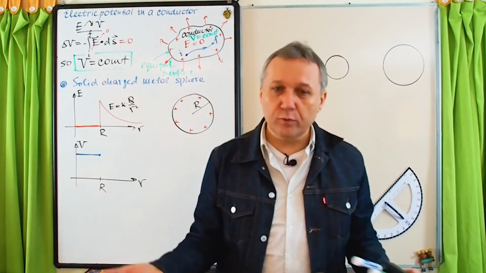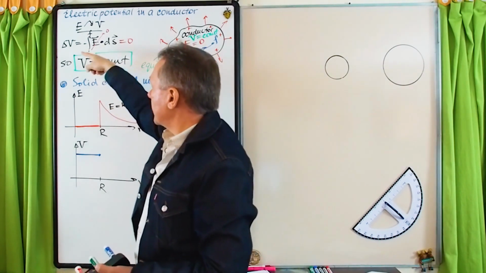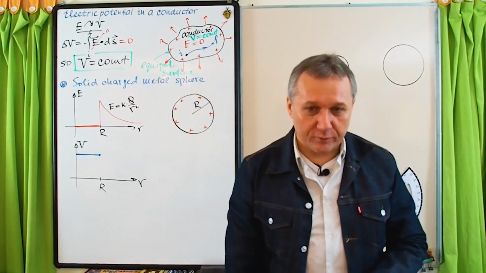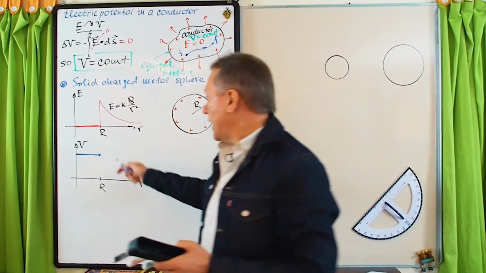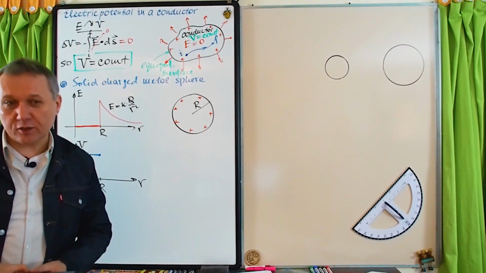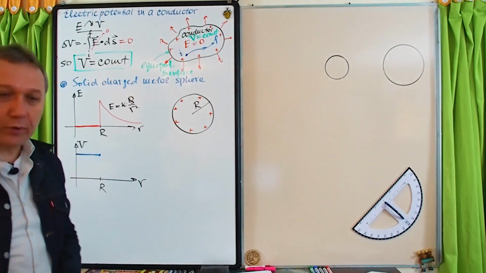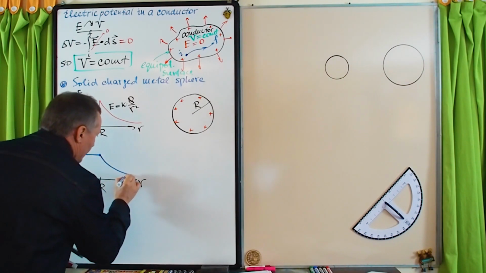And of course, you can prove it again using this expression and derive the expression for the electric potential. But of course, we're not going to do it. So outside, the electric potential looks like that created by a point charge, and it will decay as 1 over r.